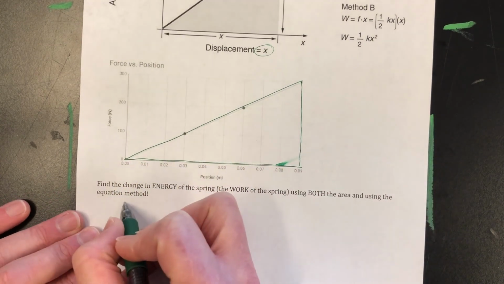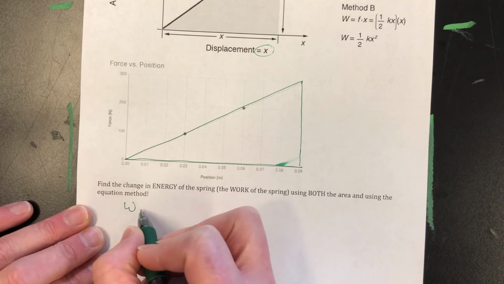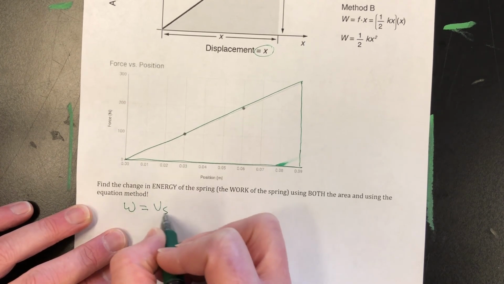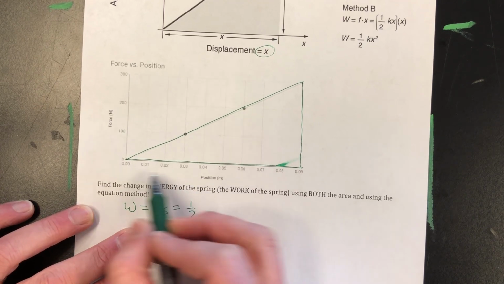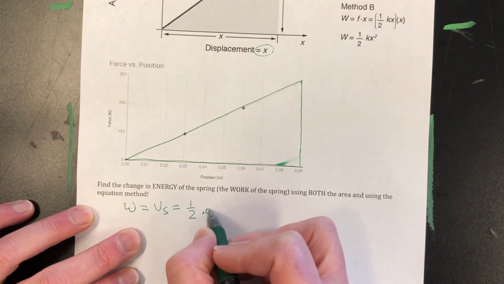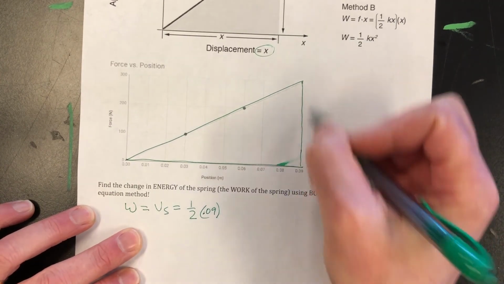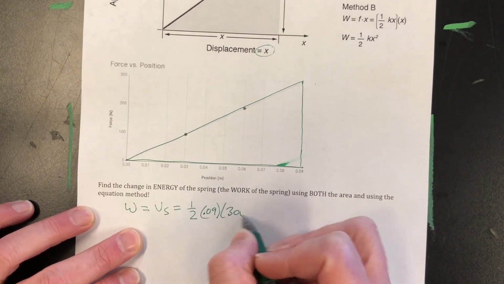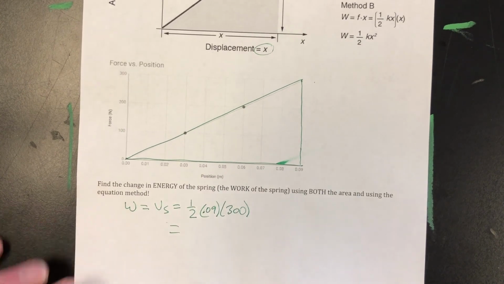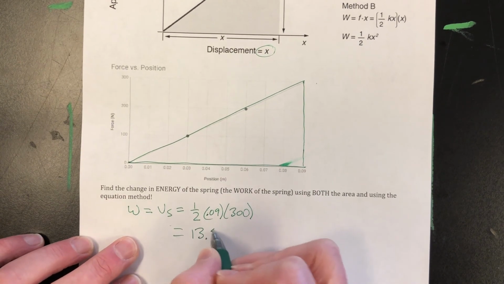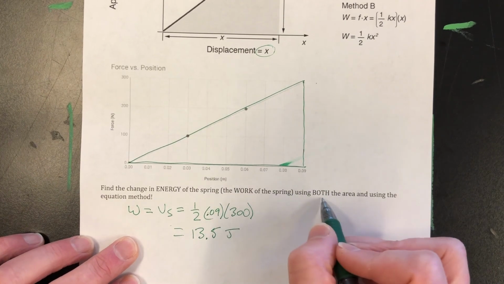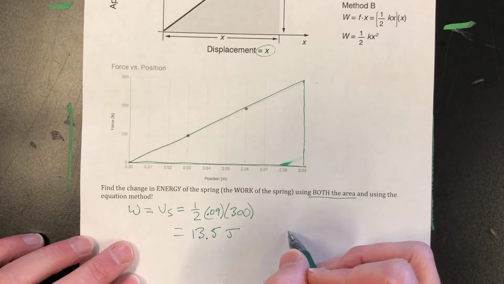So the area of the triangle, which is the work or the potential energy of the spring, is equal to 1/2 of the base, and here we see the base is 0.09, and then we need to measure the height, and the height is 300. So I'm going to do that math now. I'm going to take 1/2 times 0.09 times 300, and I end up with 13.5 joules.